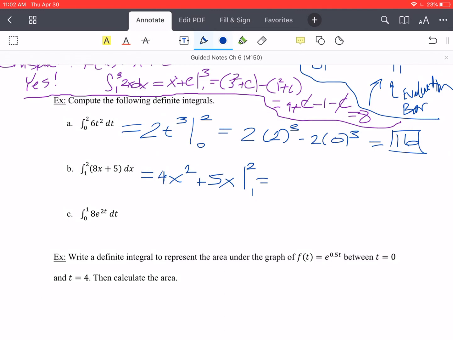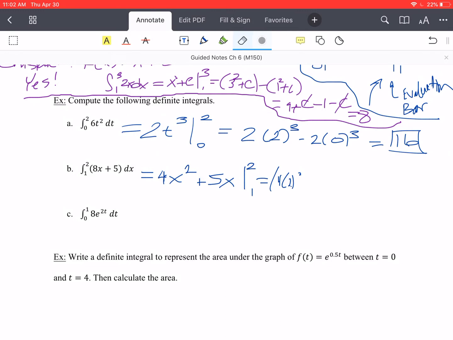Okay. Now when doing evaluations like this, it is important to make sure you keep all of your terms straight. And I would say be very careful with your parentheses, because that can really help you not mess up the negatives in particular. So this is going to be 4 times 2 squared.